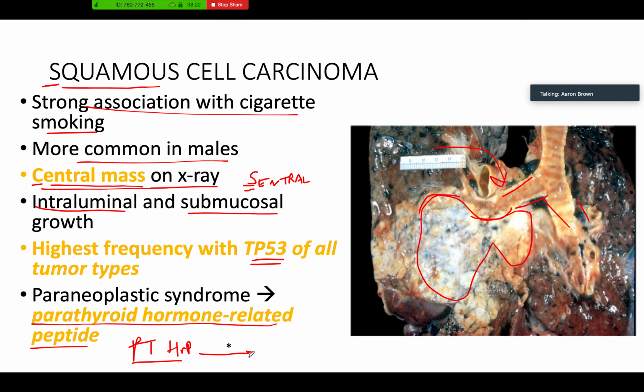If we had a high level of PTH-related peptide, meaning essentially a high level of parathyroid hormone, what would we look for? What changes in electrolytes would we look for?